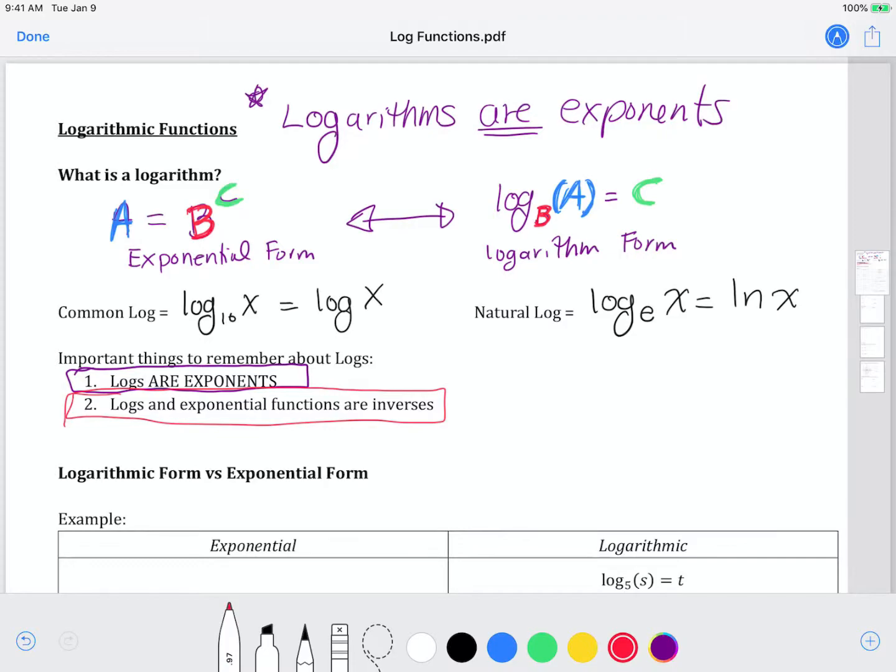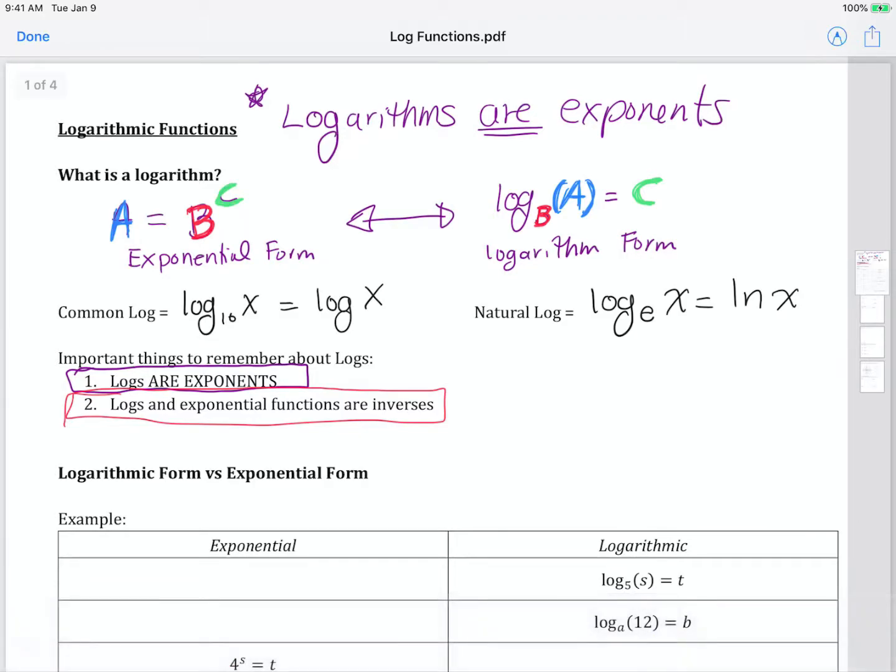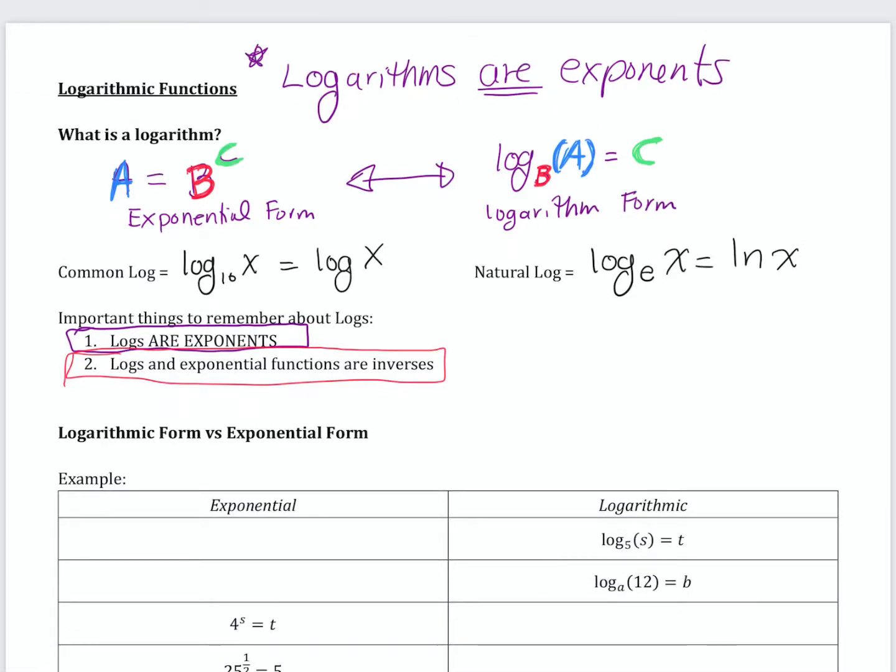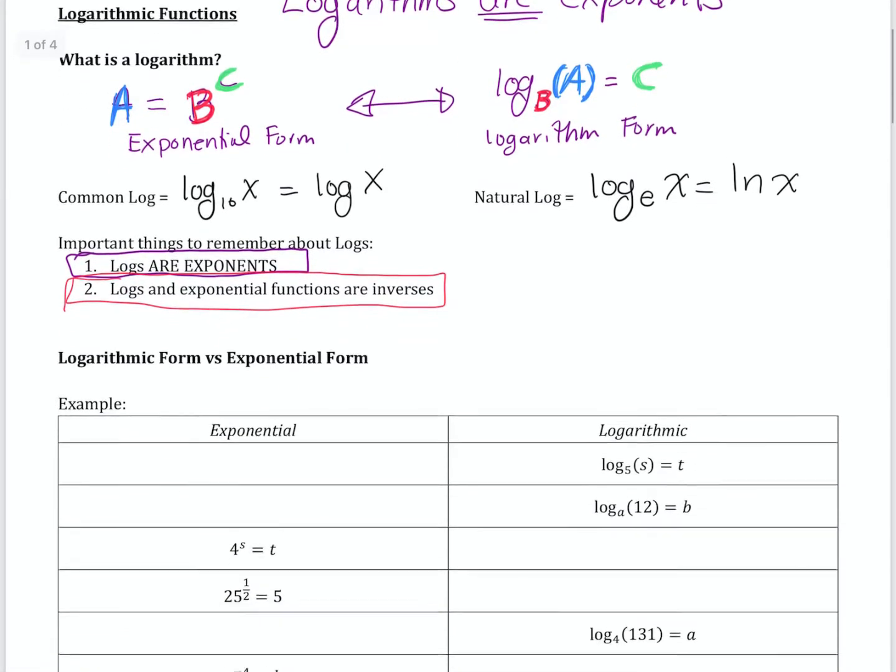So just like when I square something and then I square root it, they undo each other and they're inverses. Logarithms and exponential functions undo each other and they're inverses. And when we get a little bit further into this section, I'm going to use solving equations and our definition of inverse to prove that to you. But before we jump into that, I need to first help you get comfortable with logarithms.